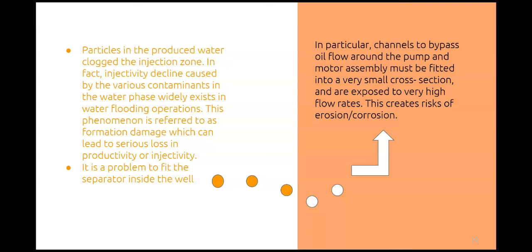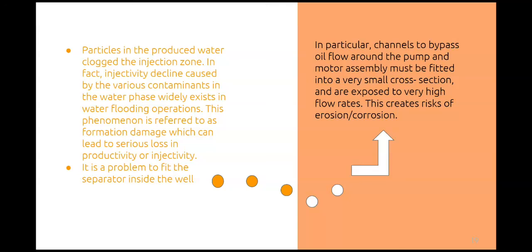In fact, injectivity decline caused by the various contaminants in the water phase widely exists in water flooding operation. When the injection operation occurs, it's not only water that will go in the stream. It also contains sediments and precipitation of chemical additives. This phenomenon is referred to as formation damage, which can lead to serious loss in productivity or injectivity.